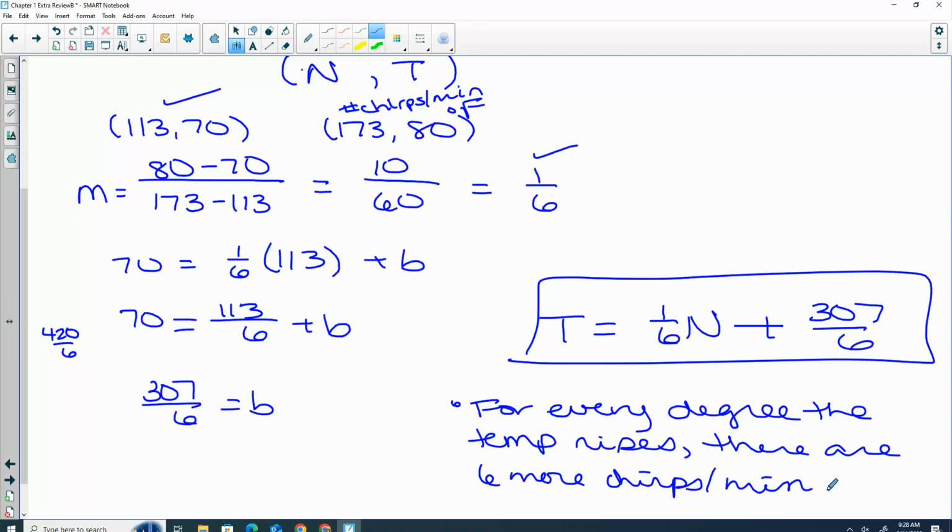We could say that the number of chirps per minute is increasing by 6 for every degree the temperature rises. Something along those lines. Is that one okay?